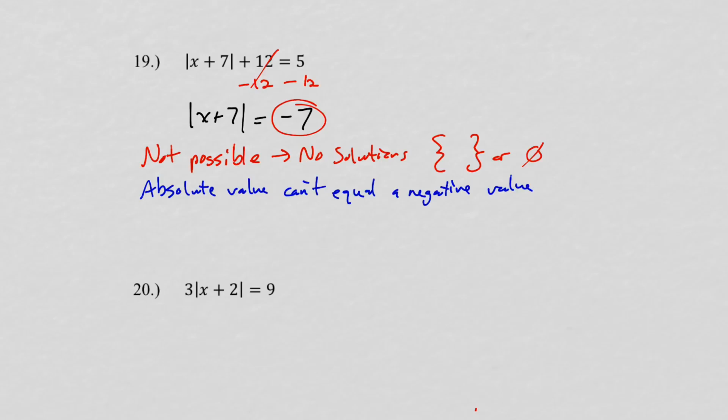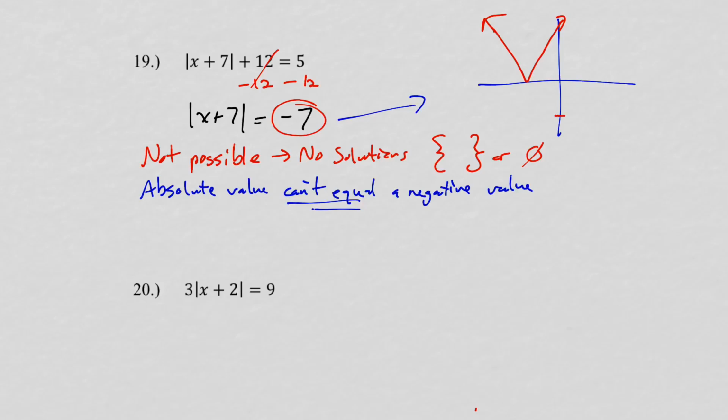Now let me show you the picture of this. So if you graph this, basically you're looking at something over here on the left side. It's a V, and now if I ask you for a positive number, it's up in the top half, but a negative number is actually in the bottom half.